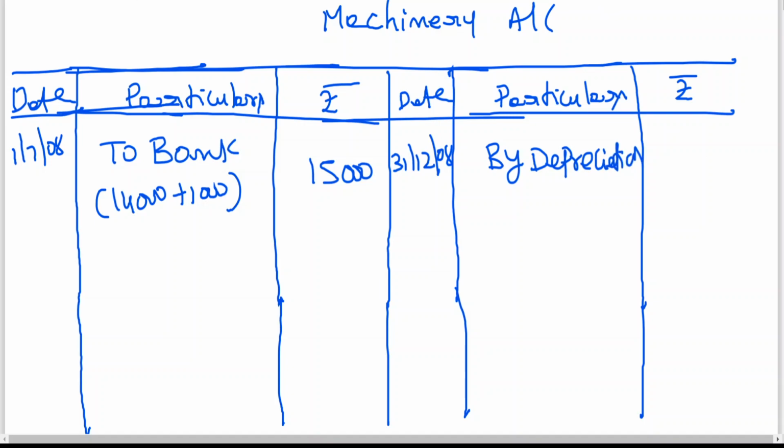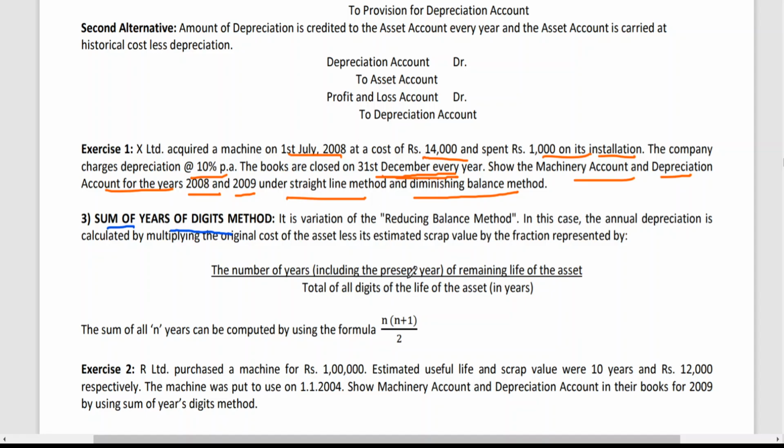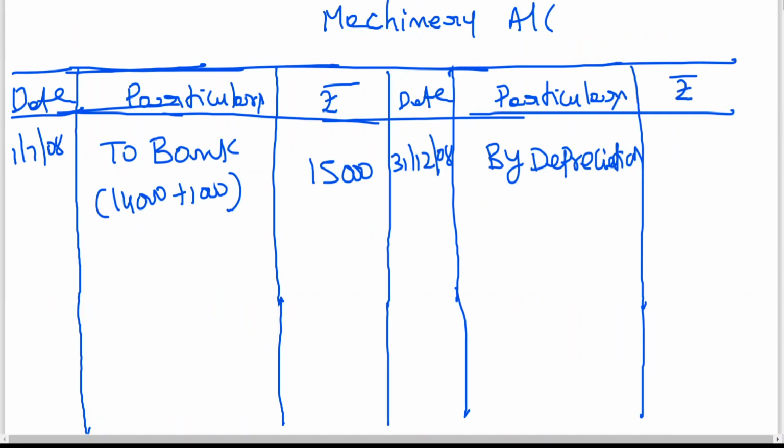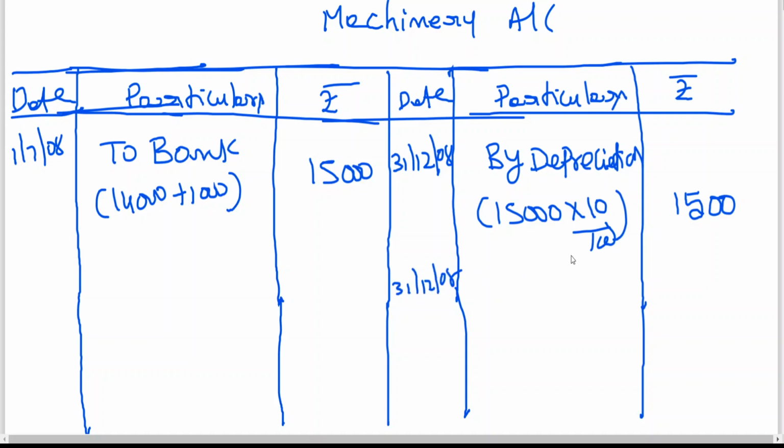Depreciation: what is the percentage they have given? 10% per annum. So 15,000 into 10% is coming to 1,500 rupees. That means 1,500 rupees worth of asset has been consumed. That is the meaning of depreciation.